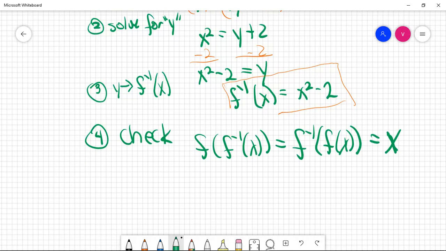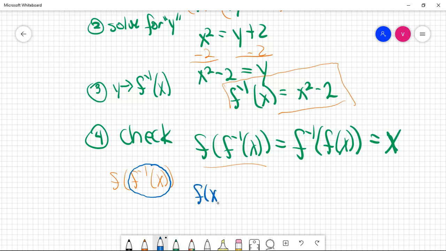Okay, so we are going to do that. You want to do the first one here? We can check that one out. f of f inverse of x. That means we're going to take the f inverse and plunk it into f of x. Okay, so f of x was equal to, what was it up there?